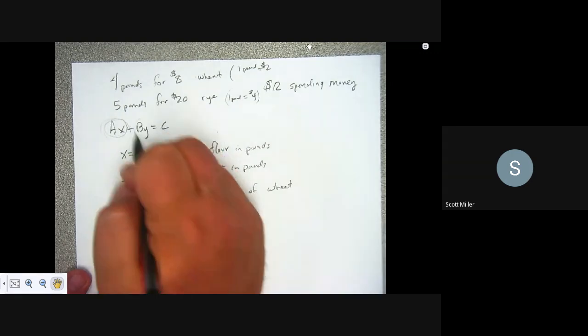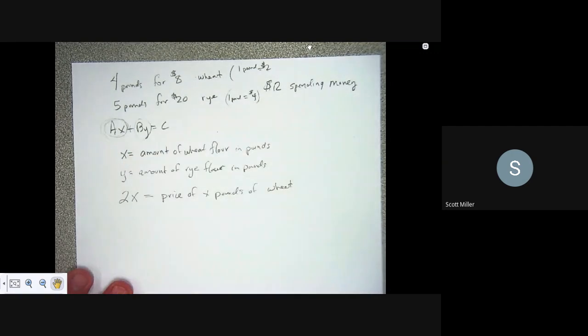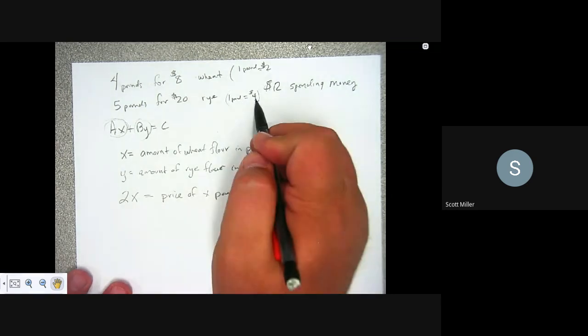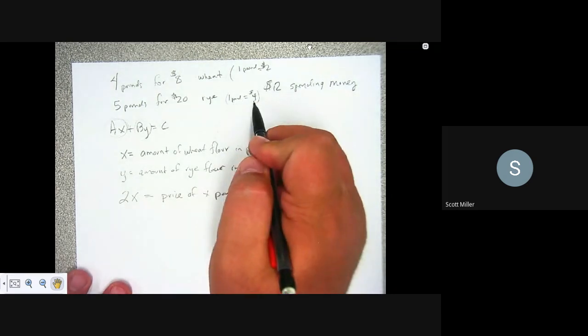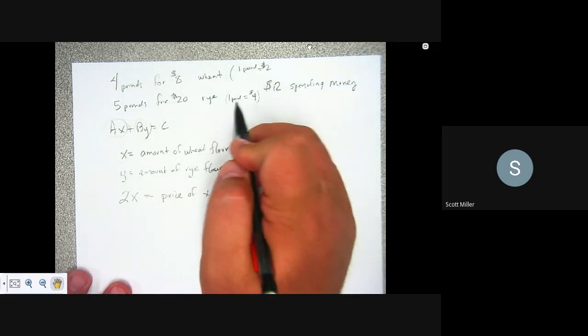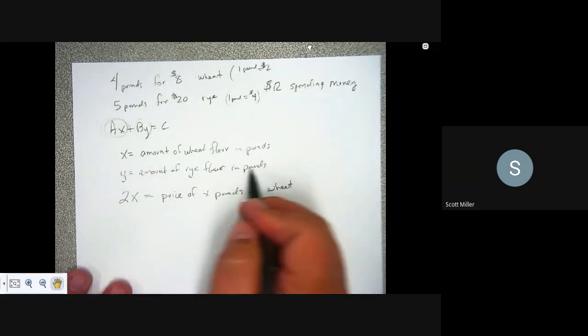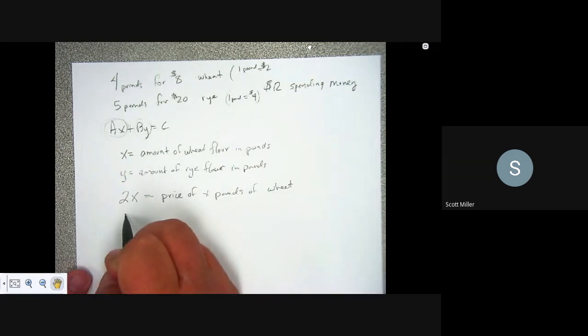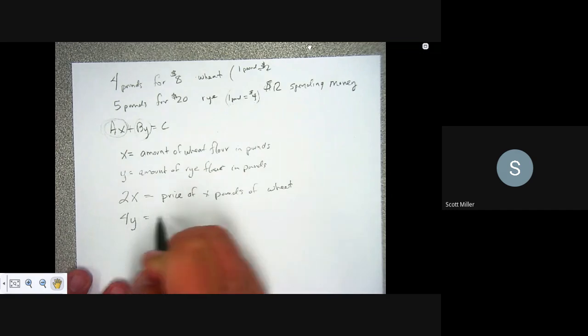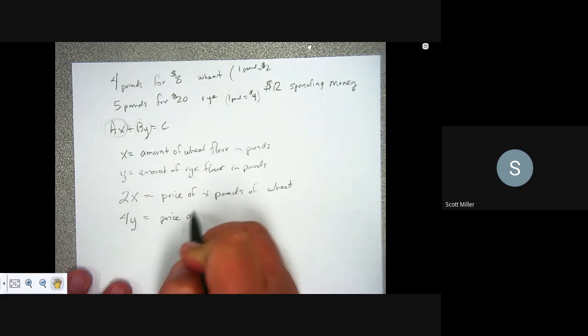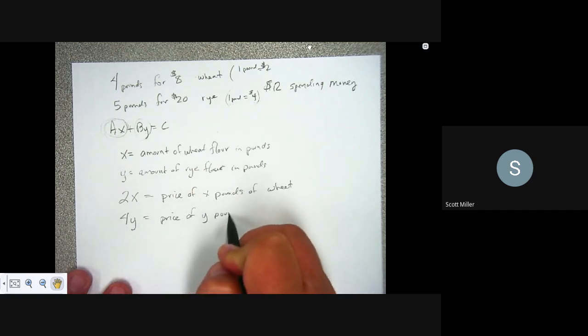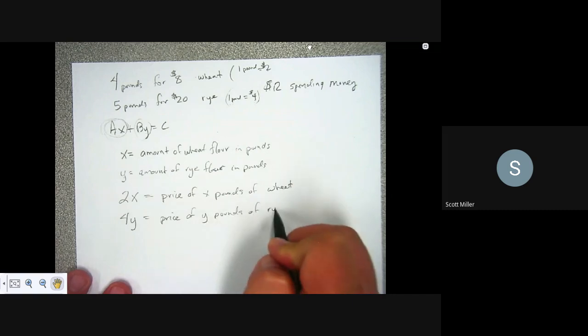So then what does that mean? It means the same thing, but for the other item, the rye. Rye is $4 a pound. $4 a pound, that is the rate. So then Y, if Y is the amount of rye in pounds, then $4 times the amount is my price of Y pounds of rye.